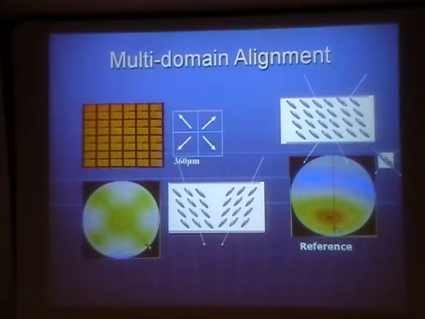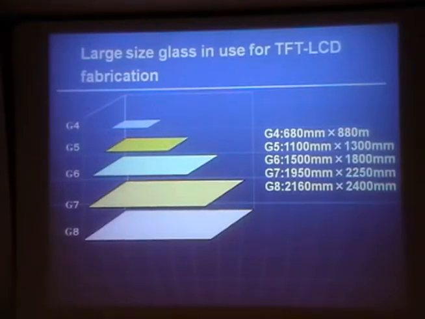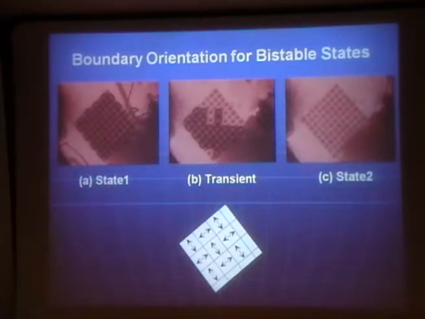A normal pixel is 100 micron, 200 micron in size. So this single pixel is also 100 micron or so. The previous one I was talking about is 1 micron or even smaller. And even with that small size, the symmetry characteristic can manifest itself very clearly.